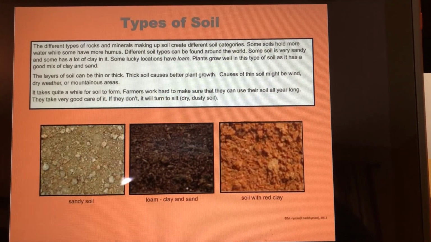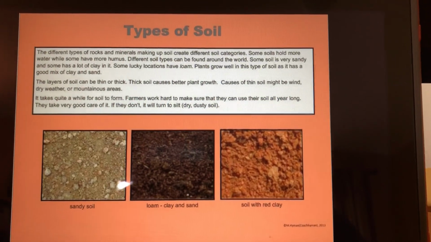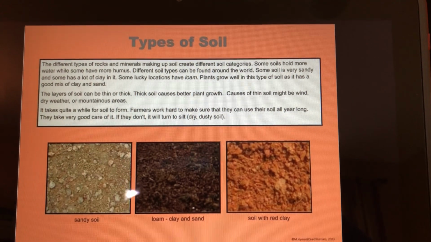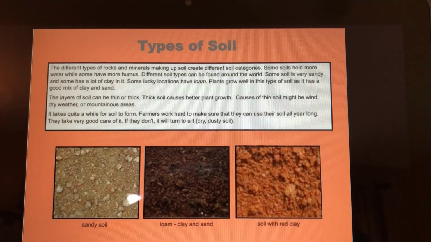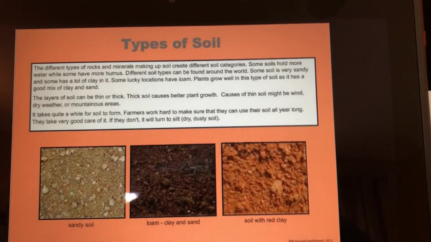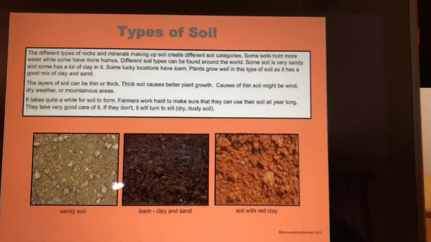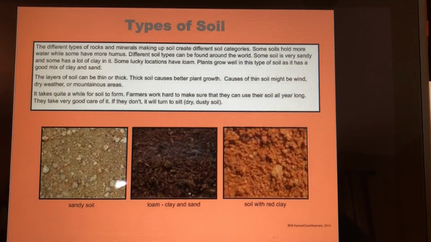Some soil is very sandy and has a lot of clay in it. And some really lucky locations have what we call loam, and plants grow really well in loam because it has a really nice mixture of sand and clay. These soil layers can be thick or they can be thin. Thick soil causes better plant growth.